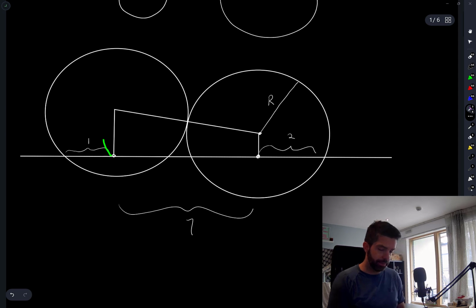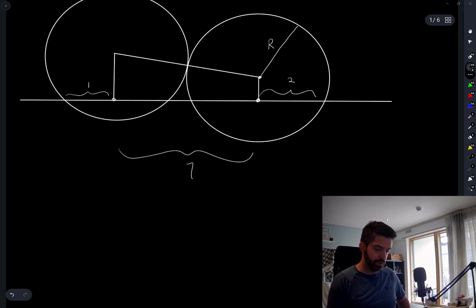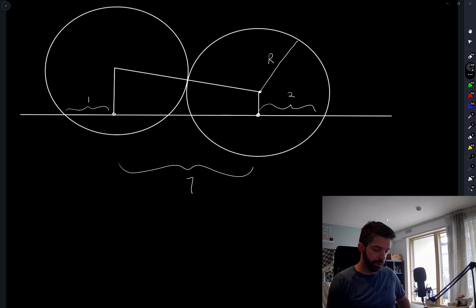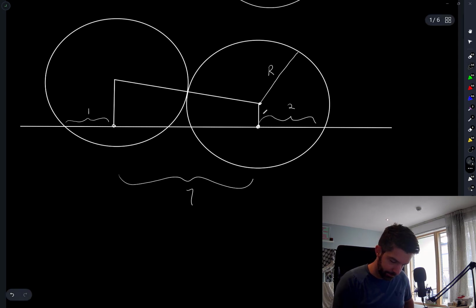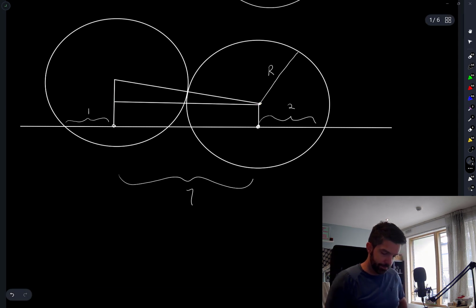That's r minus 1. And I would love to write down an equation where I can solve for r.